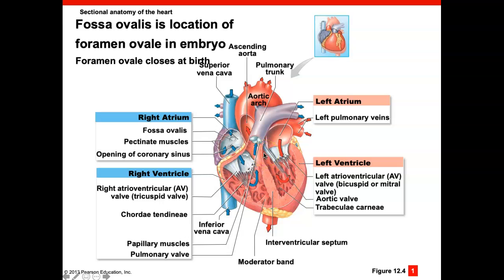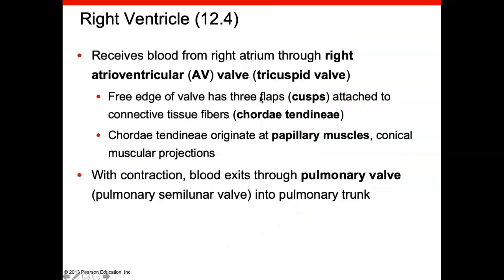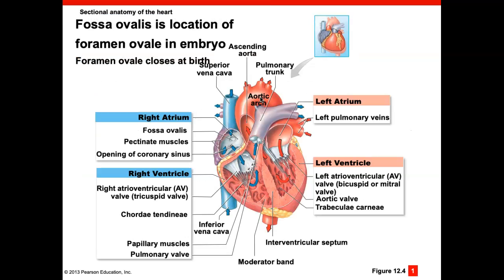It passes the aortic valve and goes out the aorta. So the right ventricle receives blood from the right atrium through the right AV valve called the tricuspid valve. When the heart contracts, the blood will go out past the pulmonary valve, out the pulmonary trunk, which will split to form the left and right pulmonary arteries.